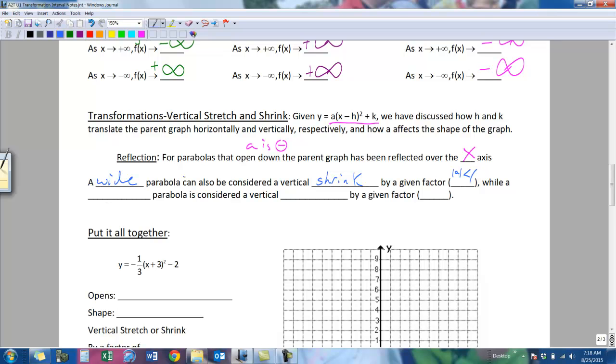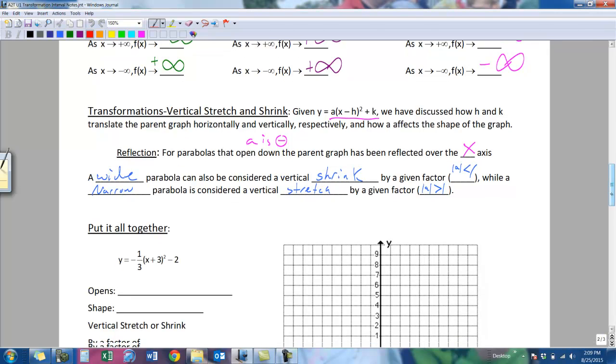So a wide parabola where a is less than 1 is a shrink, while a narrow parabola is considered a vertical stretch. We're stretching it up. Where the absolute value of a is greater than 1, that is a stretch.